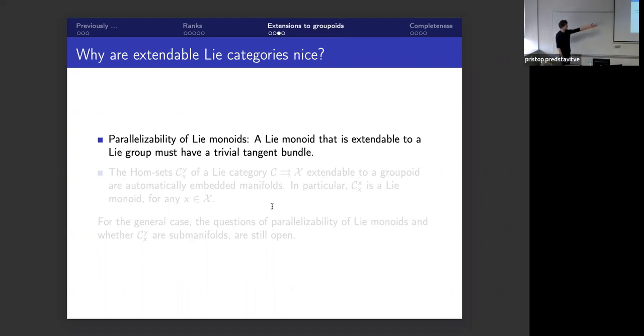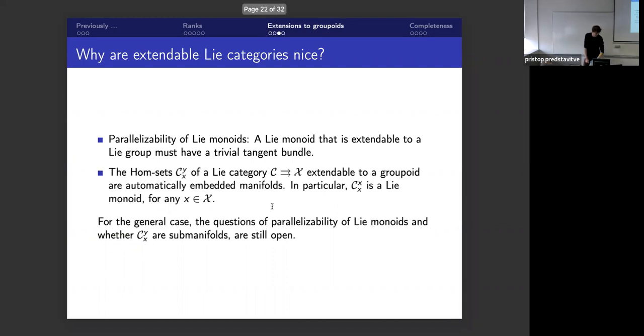Because we have this property that all left ranks are full, or right ranks, this is going to hold in the case of Lie monoids as well, right? So this is using the same trick as in the Lie groups case.